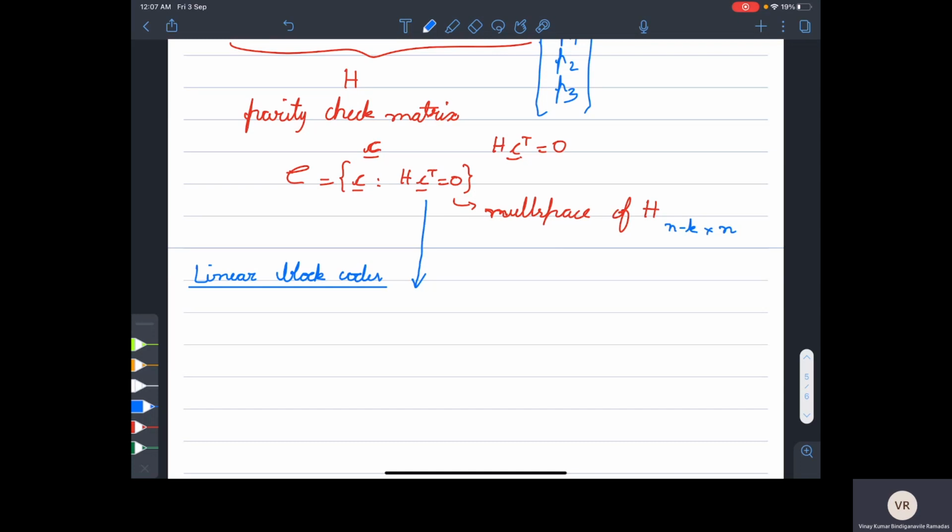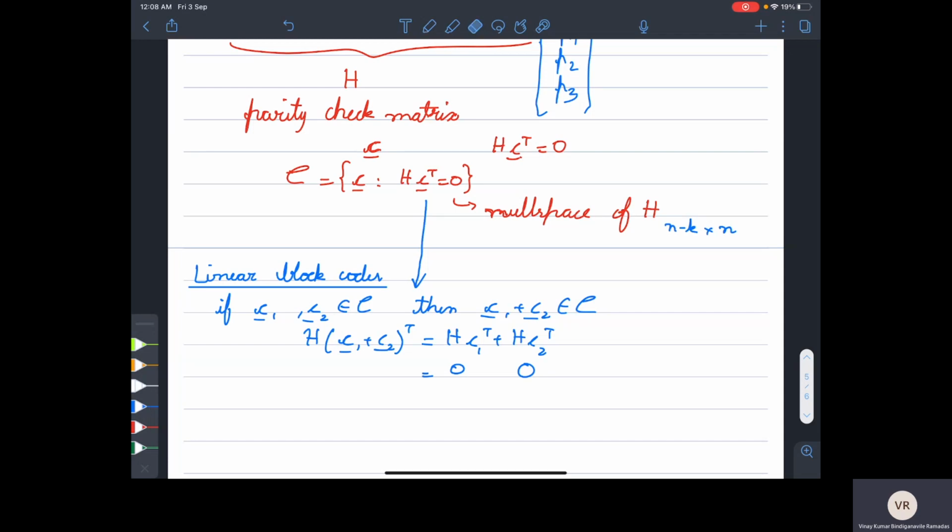But why is it called linear, by the way? It's called linear because if C1 and C2 belong to this code, then C1 plus C2 also belongs to this code. That is easy to see because H times (C1 plus C2) whole transpose is H times C1 transpose plus H times C2 transpose, both of which are 0 because C1 and C2 belong to the code book.